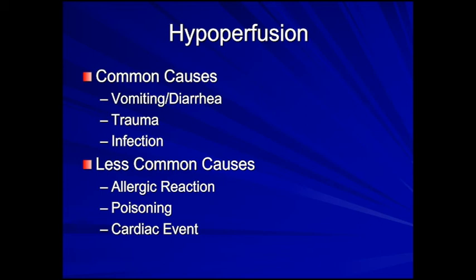The poisoning type patients and of course a cardiac event could lead to a hypoperfused type of patient, especially if the cardiac output starts to suffer. Whether or not it's a heart-related issue or it could be a traumatic insult, those all could lead to that hypoperfusion type state and could be detrimental.